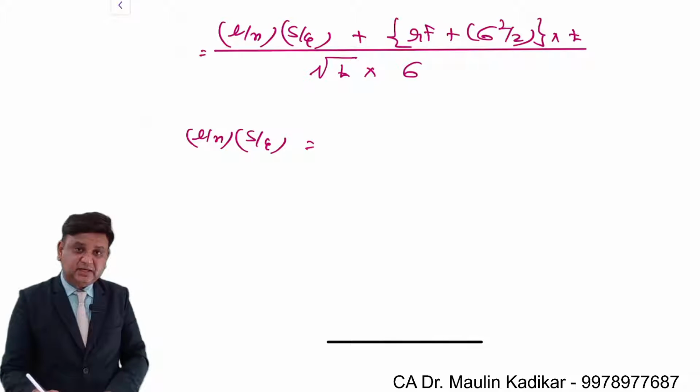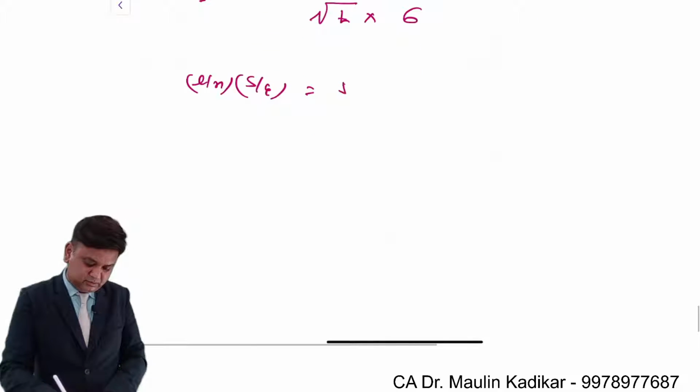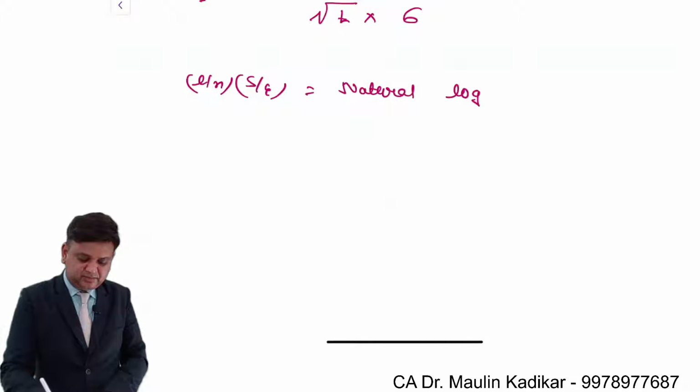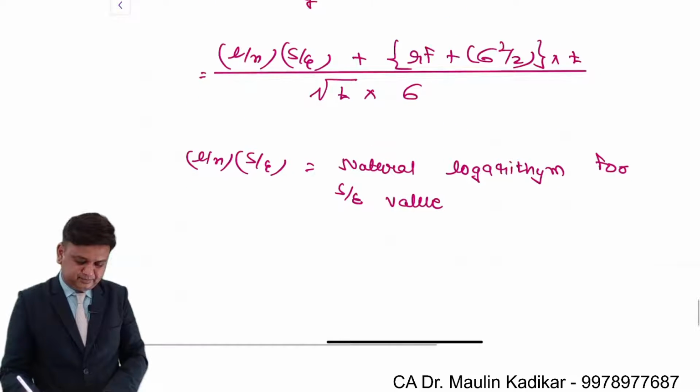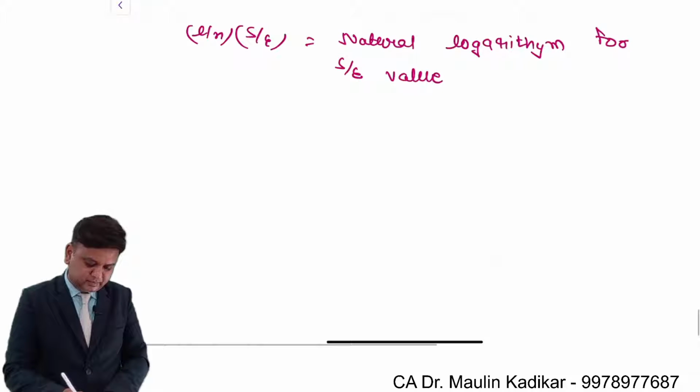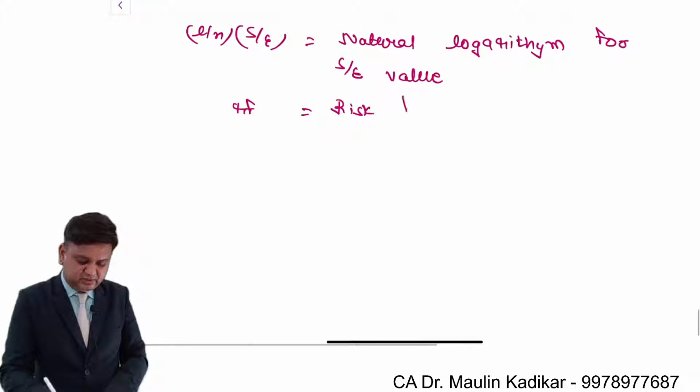Ln S divided by E is equal to natural logarithm for S divided by E value. RF stands for risk-free rate of return.